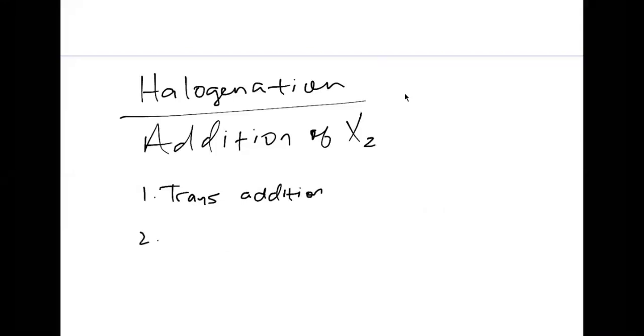And then the second thing is that it goes through what we call a halogenation intermediate. And I'm going to explain all that.